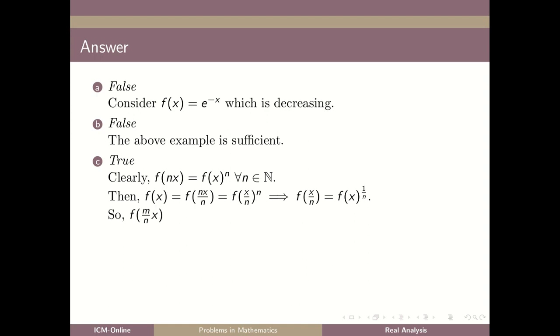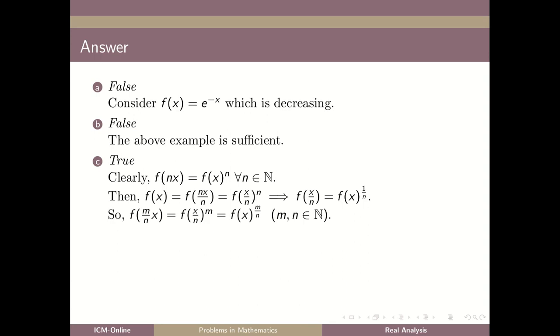So f of m by n x equals f of x by n to the power m, which equals f of x to the power m by n, where m and n are natural numbers. Thus, we have proved our claim in the case of positive rational numbers.